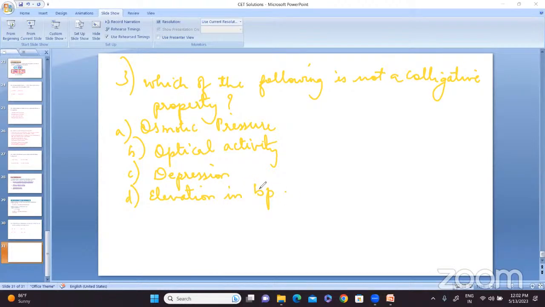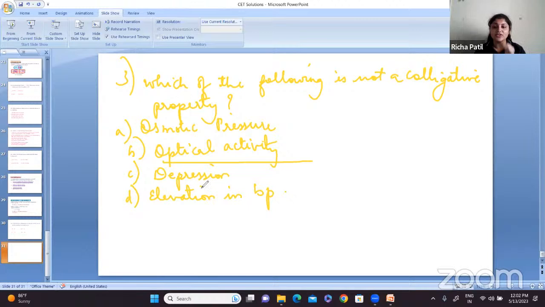Yes. Good. The answer is B, optical activity. Optical activity does not relate to colligative properties. Colligative properties depend upon osmotic pressure, depression, and elevation in boiling point. Optical activity is the ability of a chiral molecule to rotate plane polarized light, so it does not come under colligative properties. The answer is B. Okay, good. So we'll go for the next one.